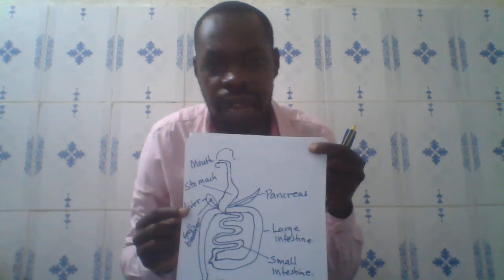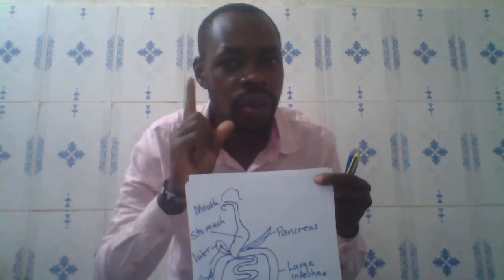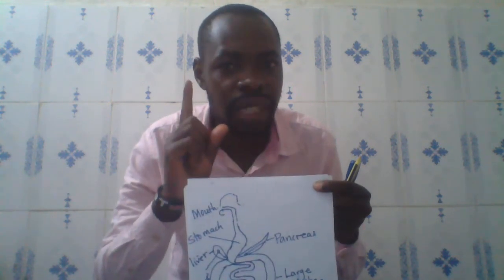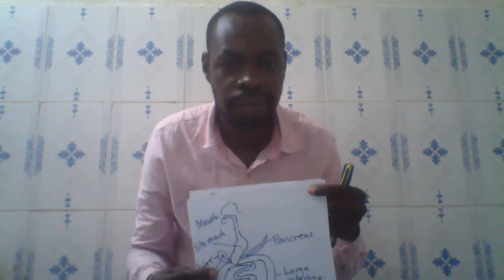You need to ask yourself, or ask me, why have I not mentioned them? Pancreas and liver are not part of the digestive system. They are supporting organs. I repeat, pancreas and liver are not part of the digestive system, but they are supporting, or helping, organs.